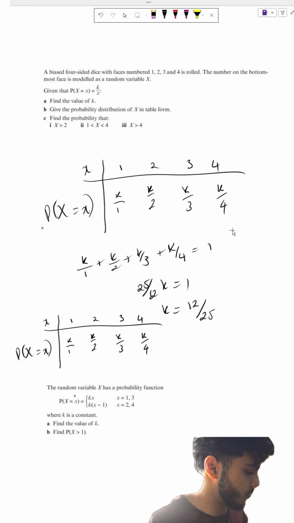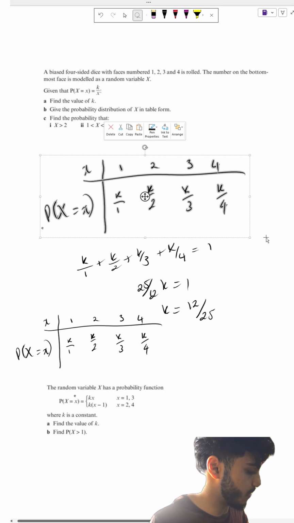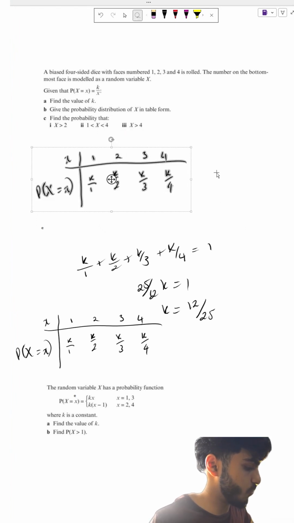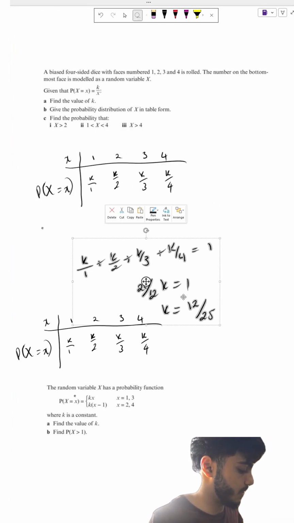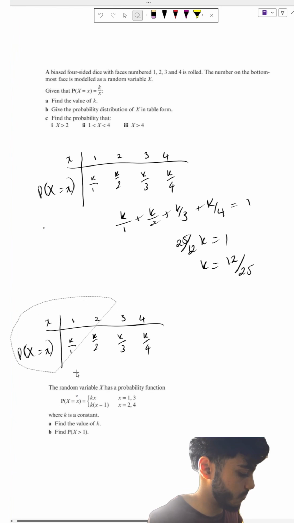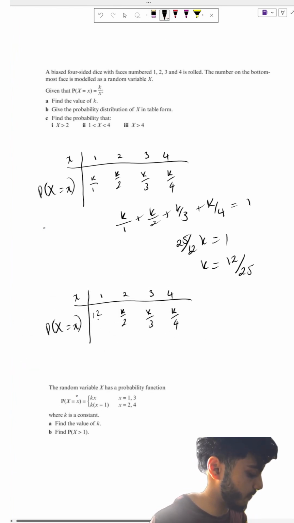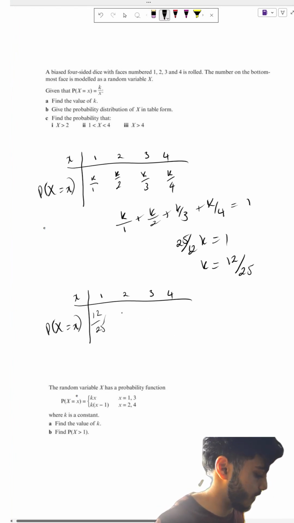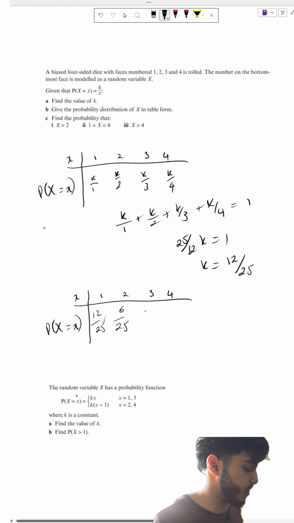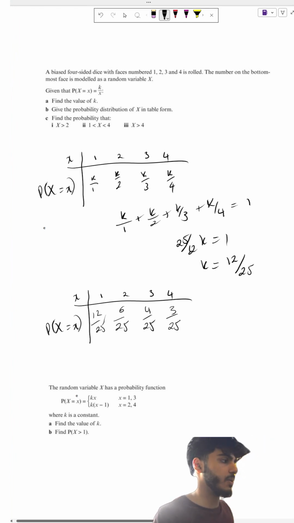Then I'm going to rewrite the probabilities, because then I can do part C a lot more easily. So probability of 1 is 12 over 25. Probability of 2 is 6 over 25. Probability of 3 is 4 over 25. Probability of 4 is 3 over 25. Then I can do part C very nicely. I just add the probabilities together, like so.